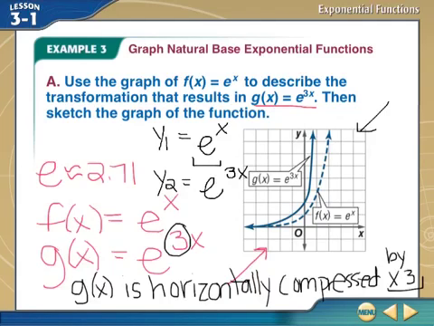So you could do y1, the parent function, as a normal line, and then you can make y2 a bold line by moving your cursor over to where this line is under y equals, and then if you use the enter key, you can select through several options to change the appearance of the line on your graph.